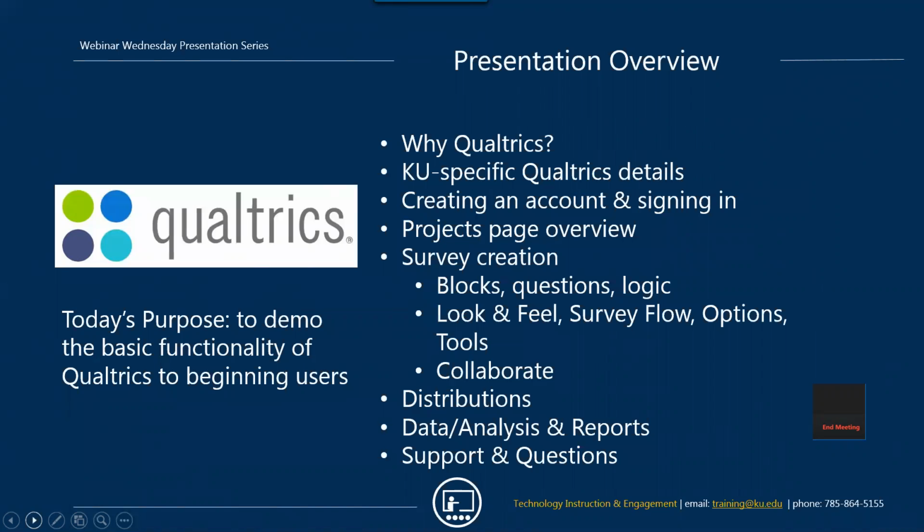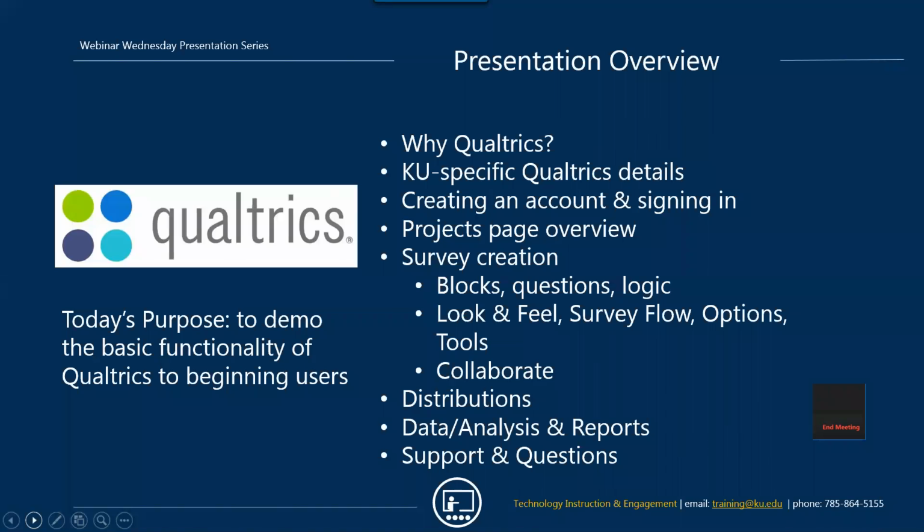So what we're going to hit today, we're going to talk about why Qualtrics, why you might want to use that. There's a few KU-specific Qualtrics details that I want to go over with you. A lot of the tickets that I get in ServiceNow are related to some of the KU-specific Qualtrics details, so I want to point some things out to you about that. And then we're going to dive right into Qualtrics itself. We'll talk about creating an account and signing in. We'll look at the projects page overview, which is kind of like your home page in Qualtrics.